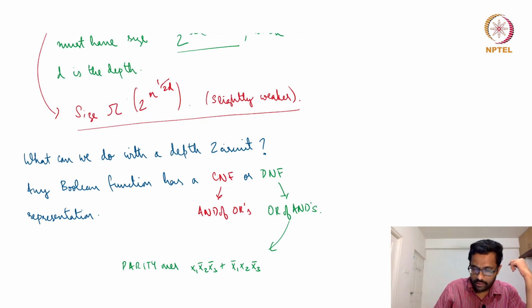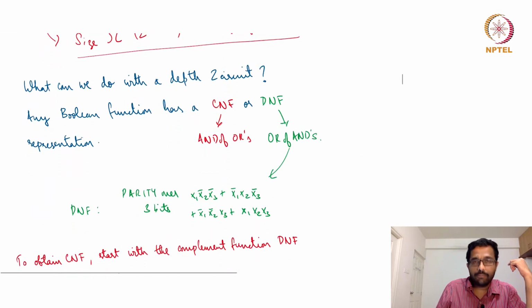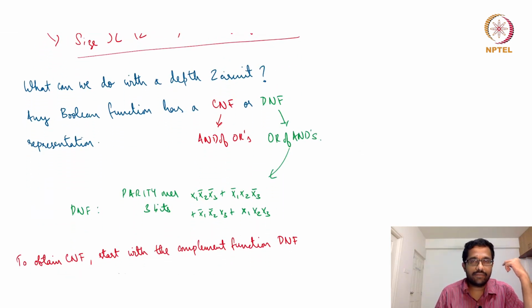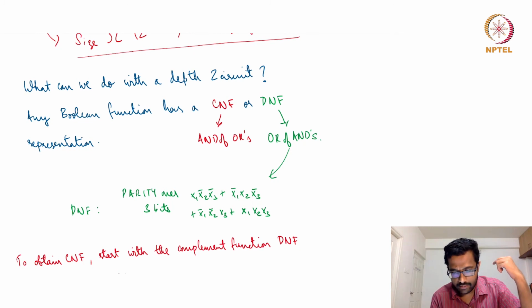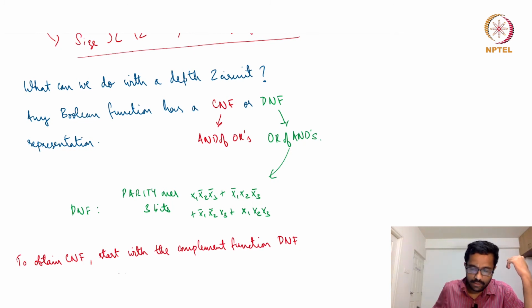So one thing to note is that any Boolean function has a CNF or a DNF approximation. CNF, we have already seen CNF in this course. CNF means it's an expression using AND of ORs, right? So it's an AND of ORs, and DNF is an OR of ANDs. Okay. So for instance, DNF function, let's say we have three bits and you want to compute the parity. You can just collect what are so called the min terms.